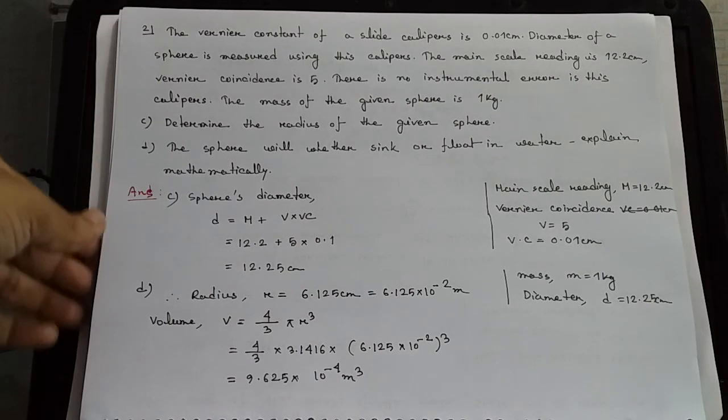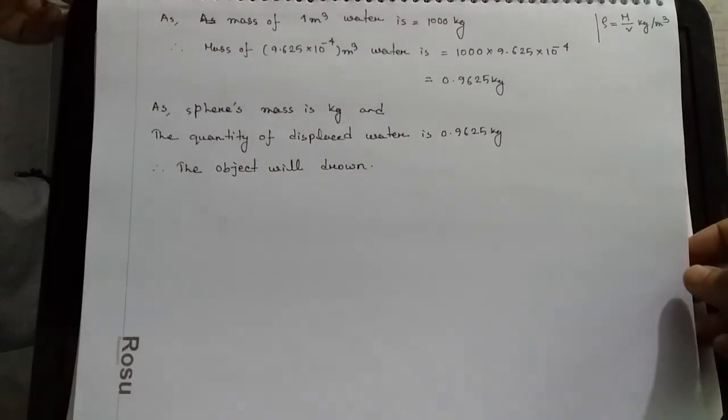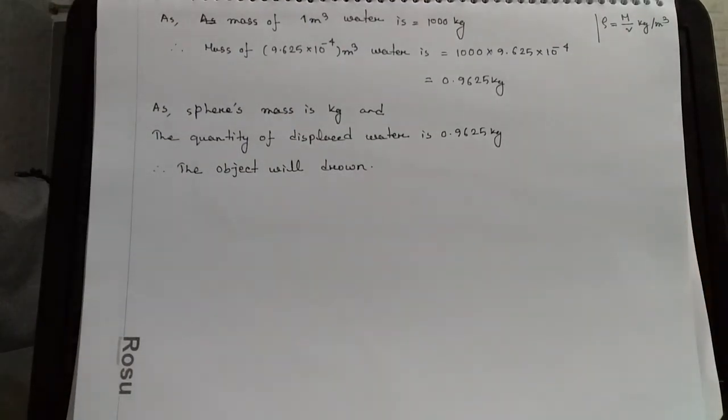As we know, the density of water is 1000 kg per meter cube. By the density of an object we mean the equation for density, rho equals m divided by v, kg per meter cube.